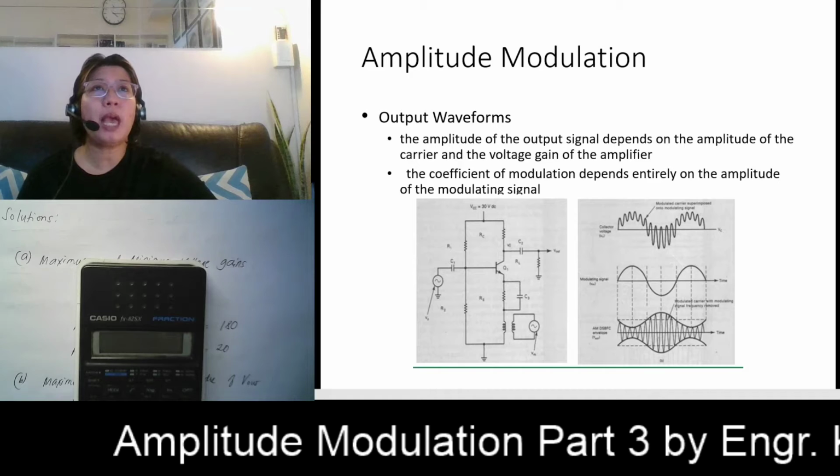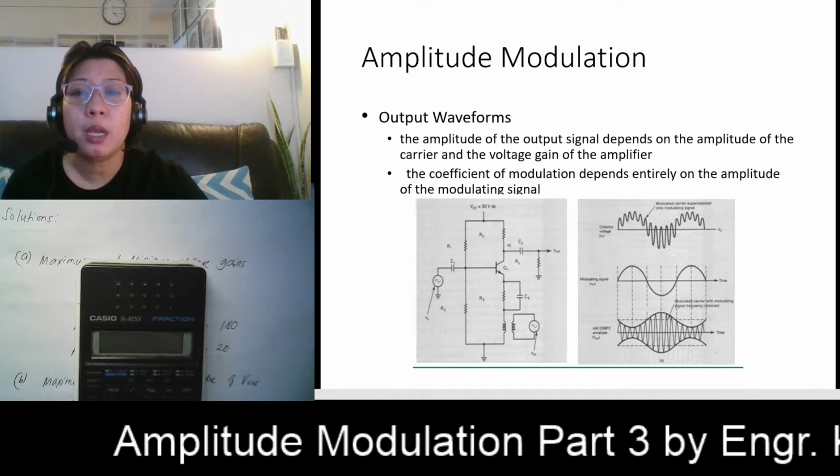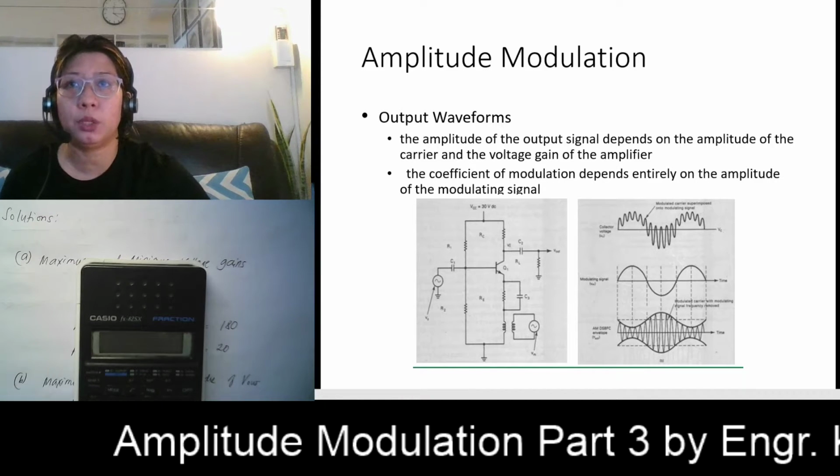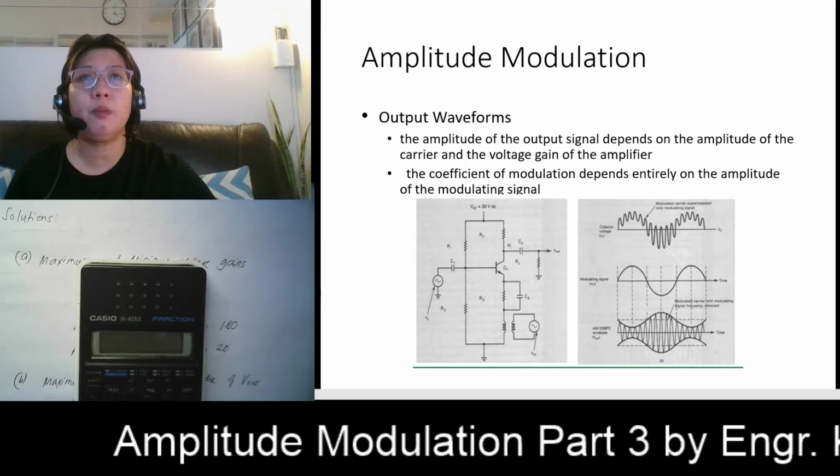Then we have your C2. This is your coupling capacitor. So what does your coupling capacitor do? It removes the modulating signal frequency from the AM waveform, thus producing a symmetrical AM envelope at V out.